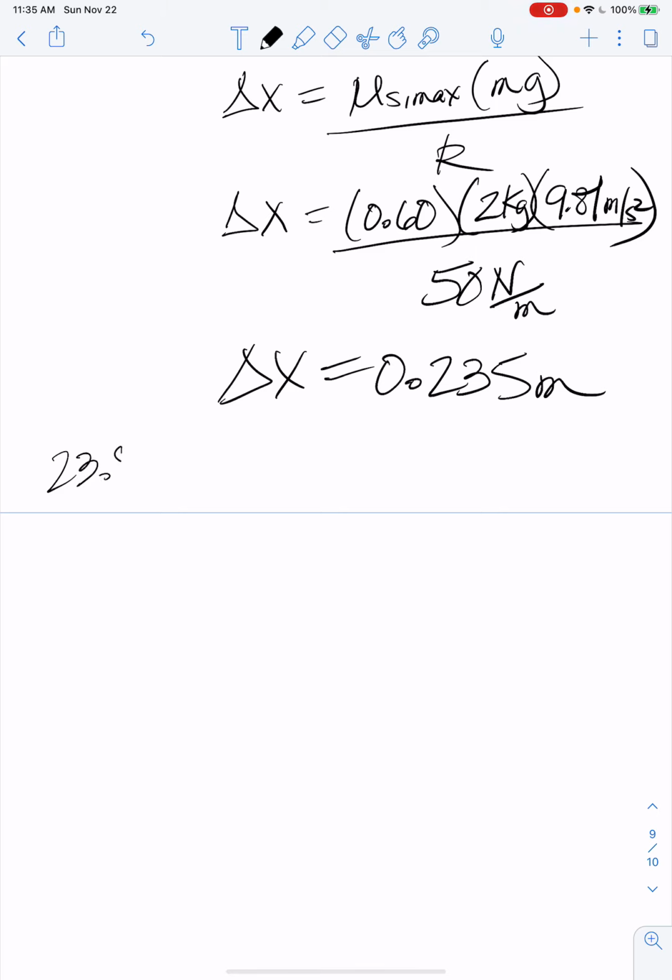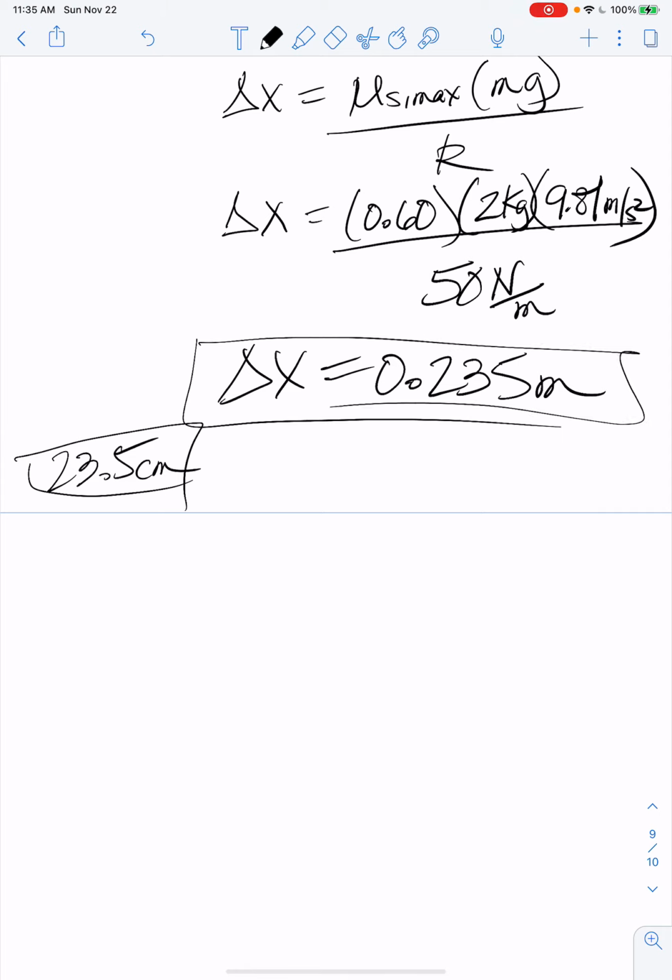I'm just going to write that down so you can think about it logically. So it's totally reasonable, right? That's like a quarter of a meter stick.